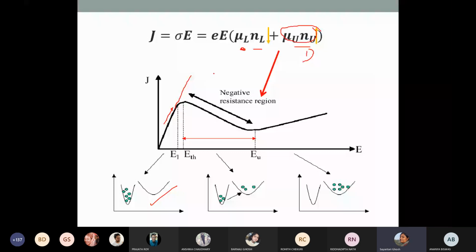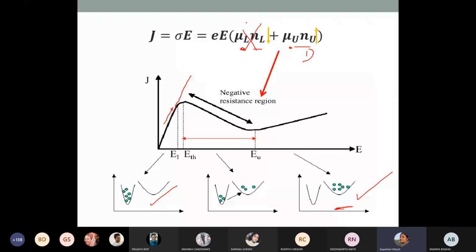Now, let us consider the case where all the electrons are in the upper valley. When finally, for higher values of energy, all of the electrons are in the upper valley, then only this term is going to contribute. Only one mu is going to contribute at that point, and that is mu upper. This entire first term will not have any effect if all of them are in the upper valley; mu L has nothing to do there.